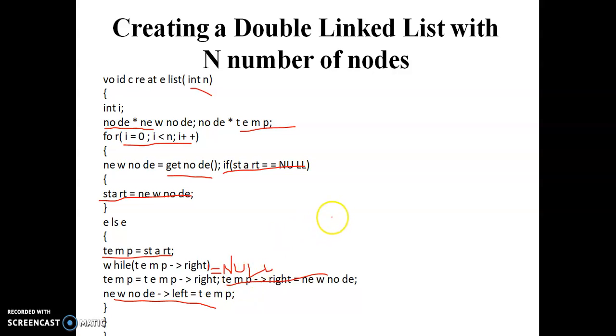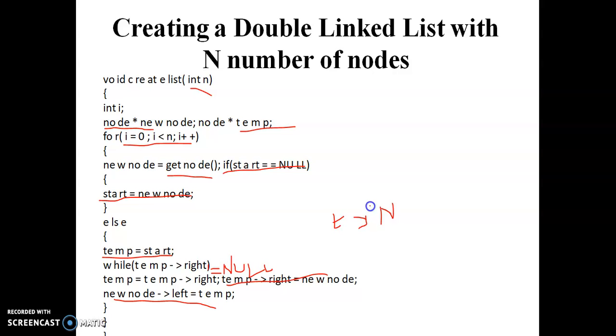Is this clear? Temp is our last node. So we are assigning the temp node's next as our new node, and the new node's previous is the temp node.